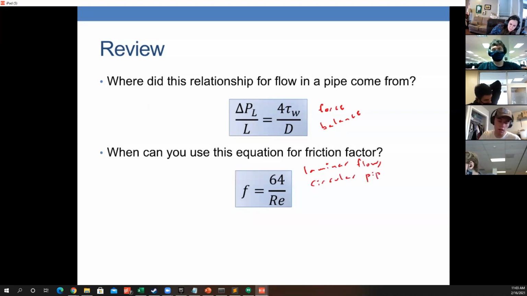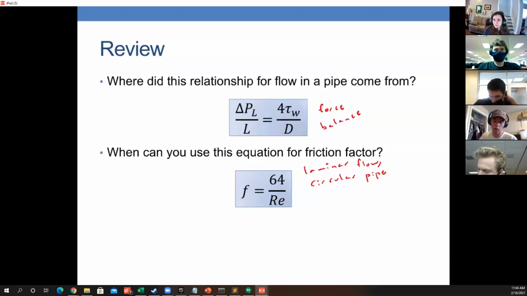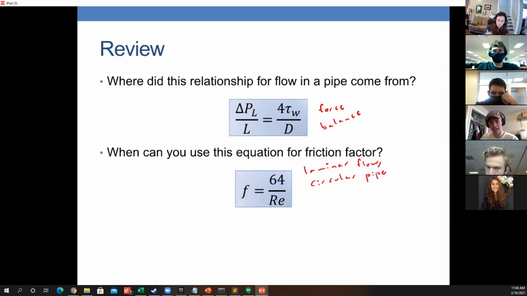Do you remember what you would do if the pipe wasn't circular? There's a table with corresponding values that pertain to the ratio of the sides if it's a square or rectangular pipe. Yes, you have to look up a different formula for whatever the shape is.